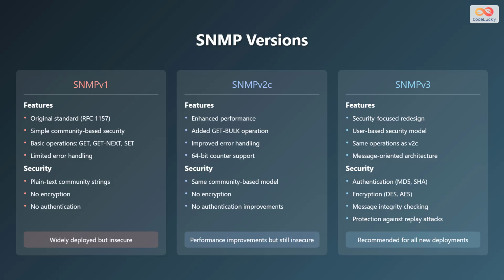SNMP version 3 is a security-focused redesign that uses a user-based security model, supporting the same operations as version 2C. Its security features include authentication using Message Digest 5 or Secure Hash Algorithm, encryption using Data Encryption Standard or Advanced Encryption Standard, message integrity checking, and protection against replay attacks. It is recommended for all new deployments.